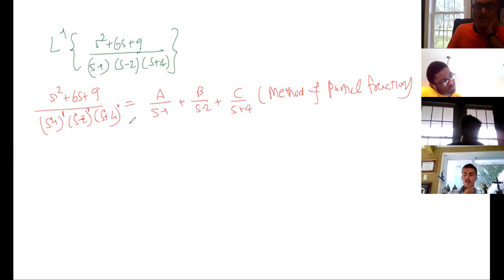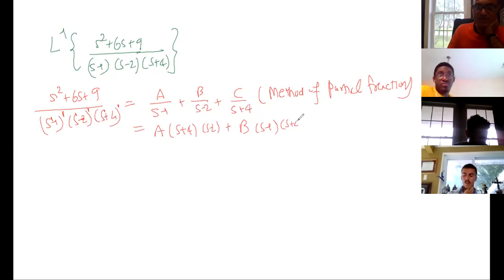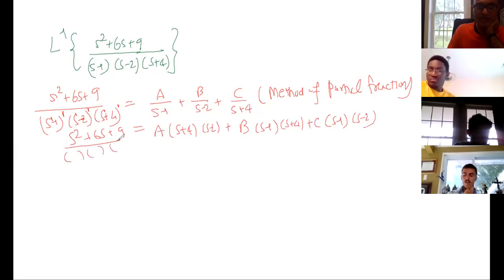Am I right, guys? This can be written as A times (s plus 4)(s minus 2), plus B times (s minus 1)(s plus 4), plus C times (s minus 1)(s minus 2). And here it is s squared plus 6s plus 9 divided by the same denominator, s minus 1, s minus 2, s plus 4.